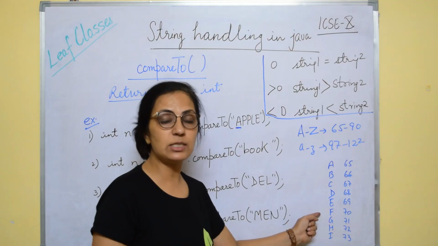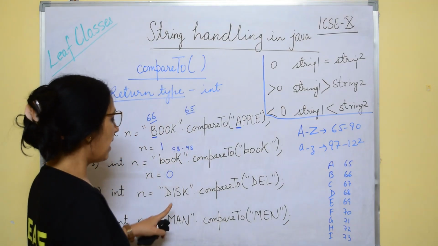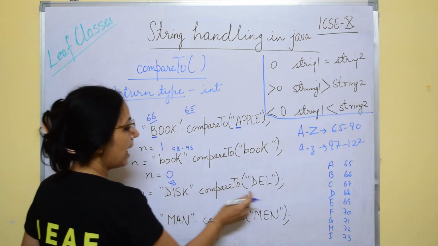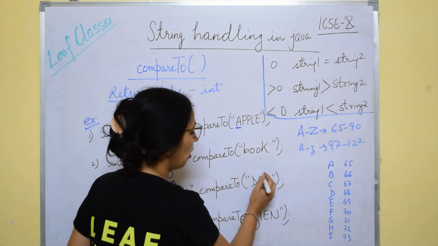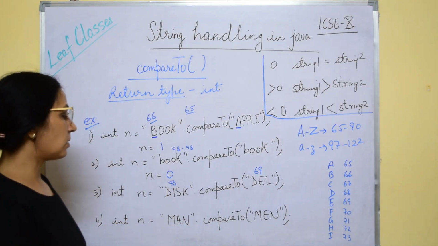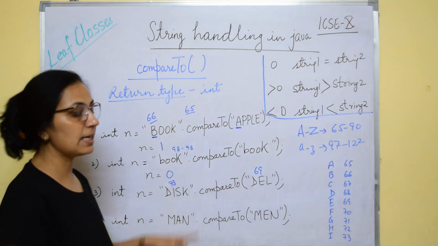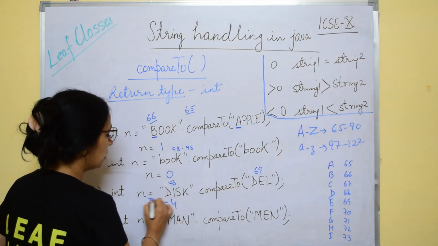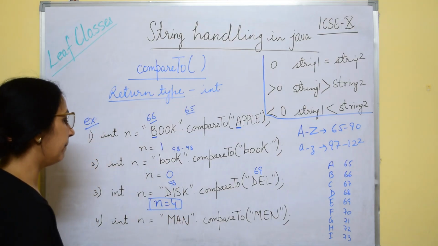There will be fewer chances of making mistakes. The ASCII value of I is 73 and the ASCII value of E is 69. So 73 minus 69. What will be the answer? 4, right? So the value of n will be 4.